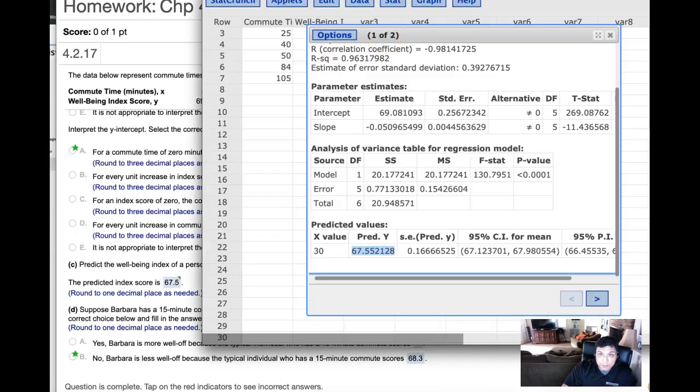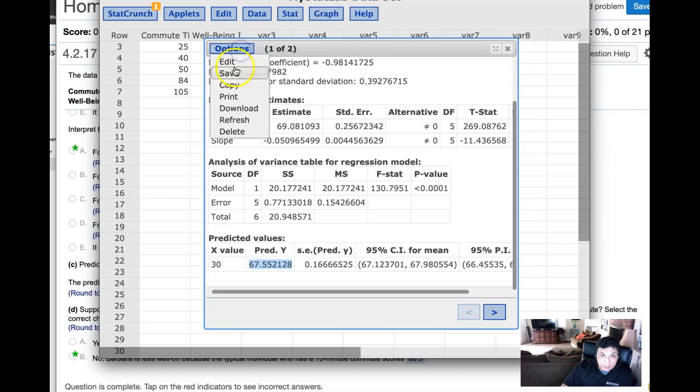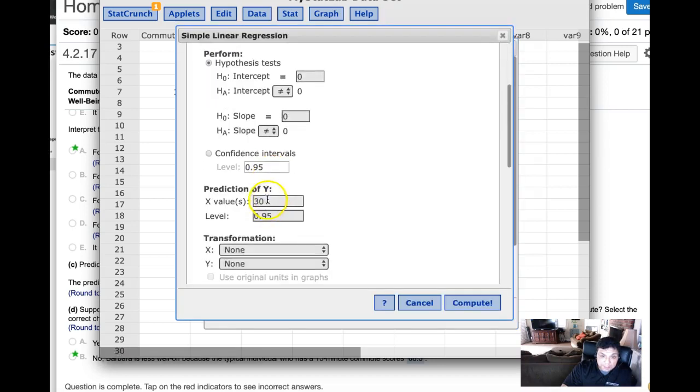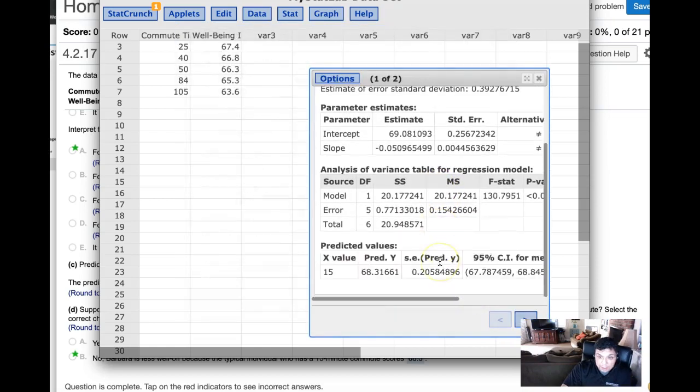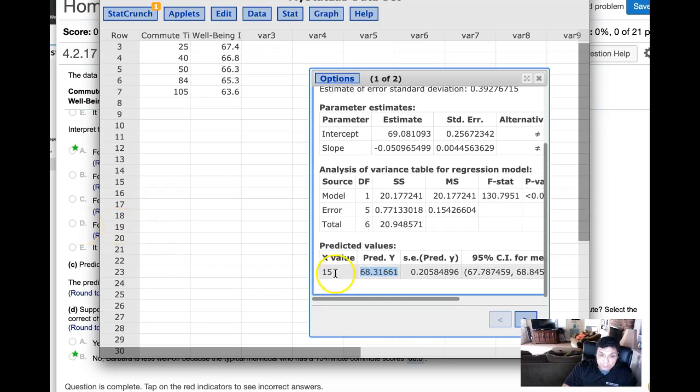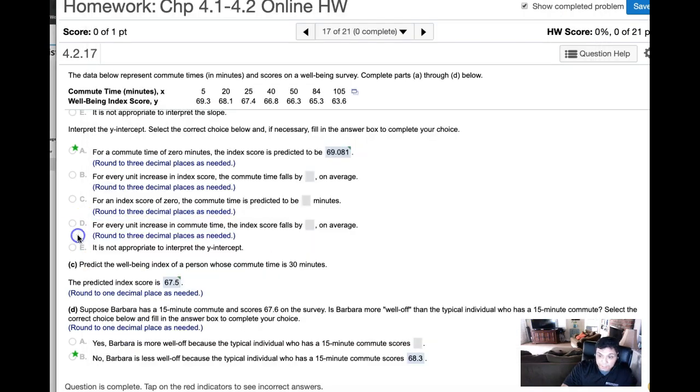And so what we're going to do is edit this again. I'm going to put 15 in here, compute that, and the prediction for 15 is 68.3. That's the predicted well-being score for someone who commutes 15 minutes. And so in this case, her score is 67.1, so she is actually doing less well.